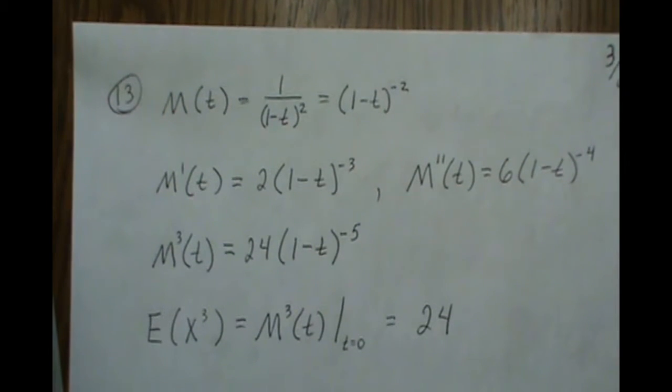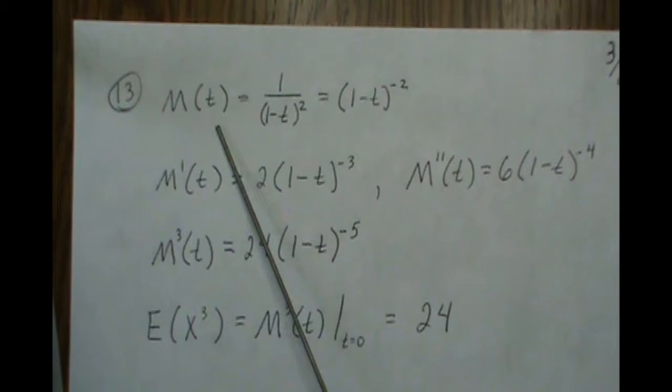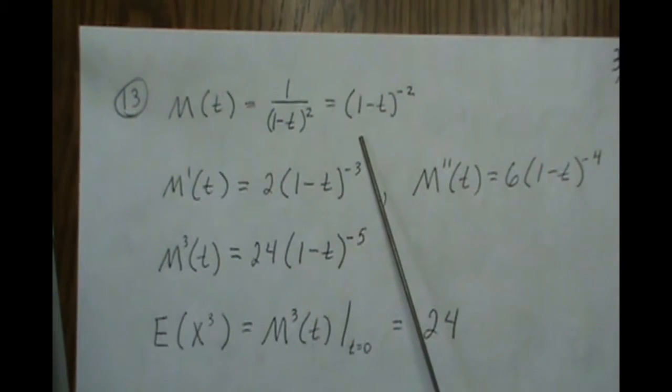Number 13, let the random variable x have moment generating function m of t equal to 1 over 1 minus t squared for t less than 1. Find the expected value of x to the third. Number 13, we're asked to find the expected value of x cubed, given that this is the moment generating function.